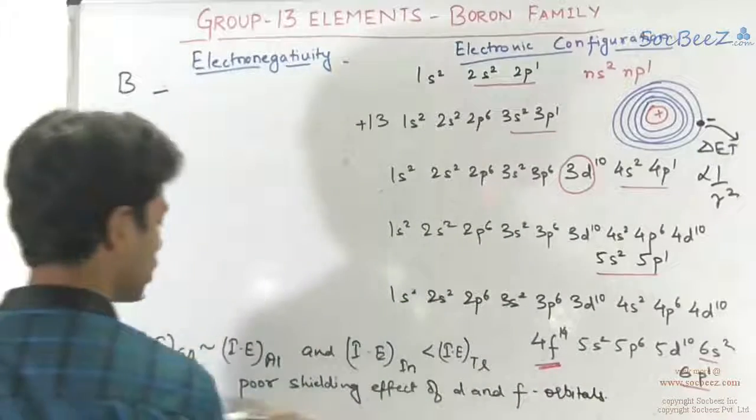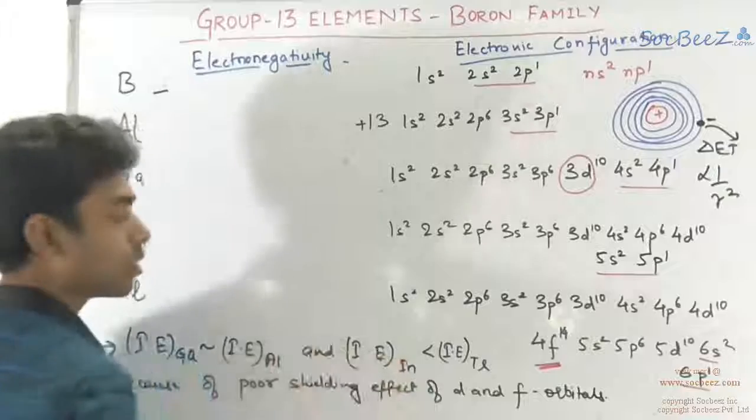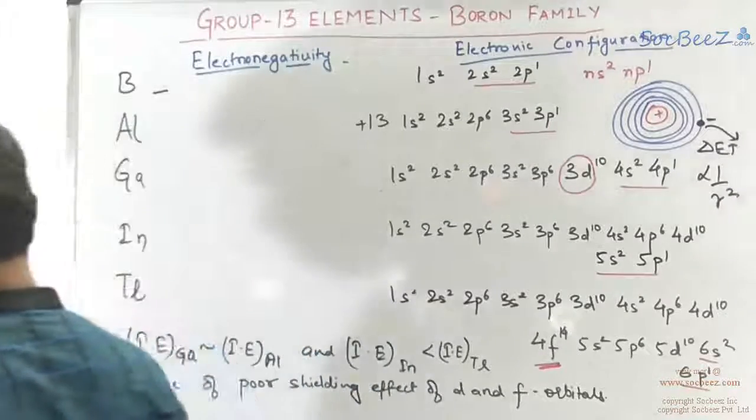So the poor shielding effect of d and f orbitals is the cause of this discrepancy in ionization enthalpy. Now for electronegativity.